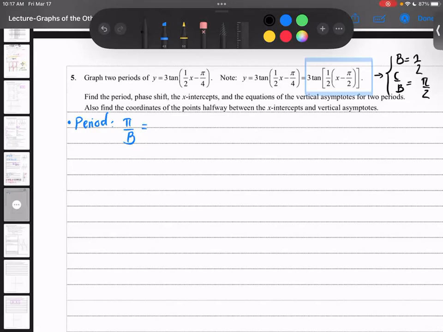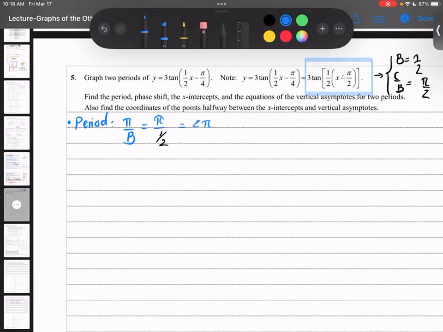Hypothetically, if I have x plus pi half instead of x minus pi half, then what's c over b? Negative, right? Remember, the negative is included in the formula. Just a heads up for number 8. So the period is pi over b, which is pi over 1/2, which is 2 pi.